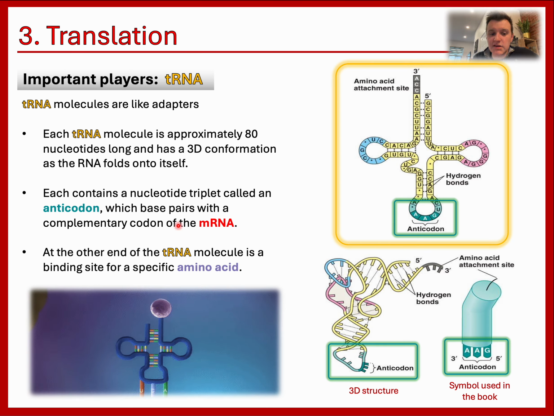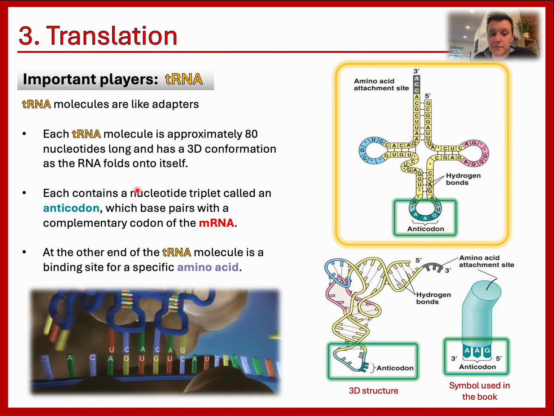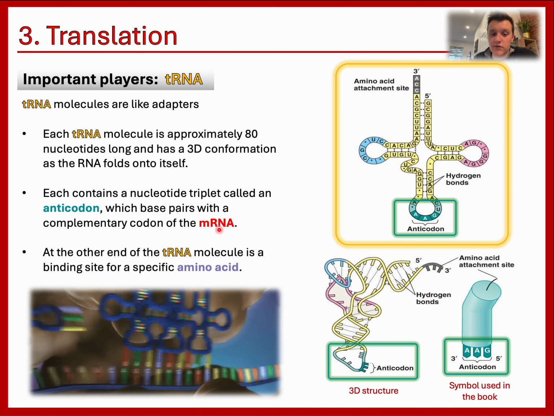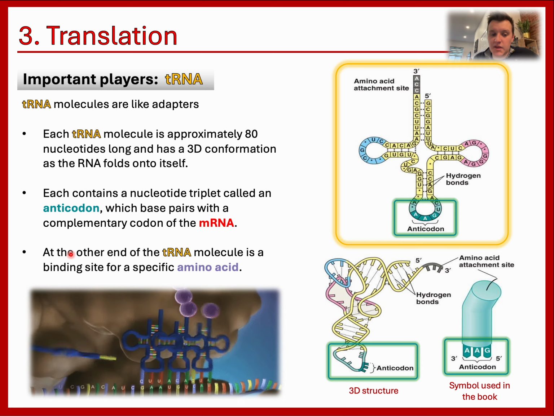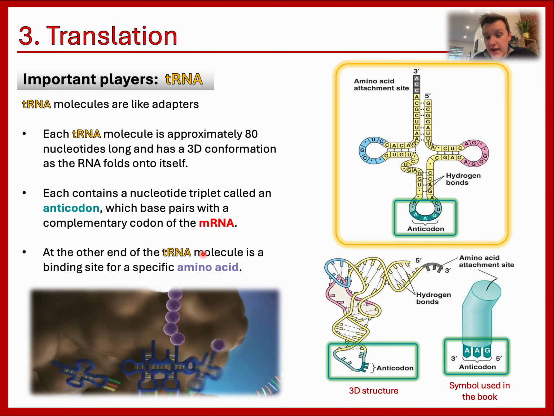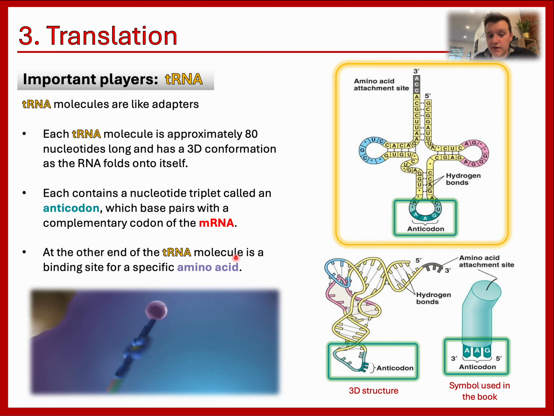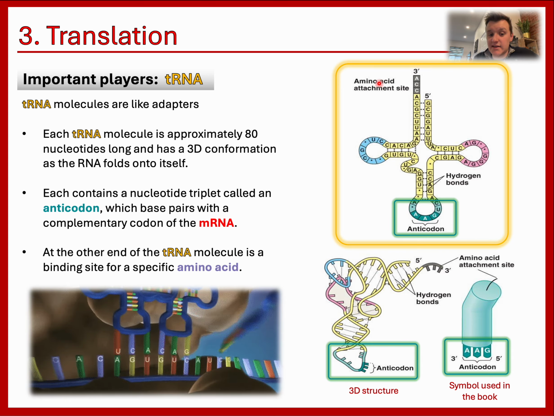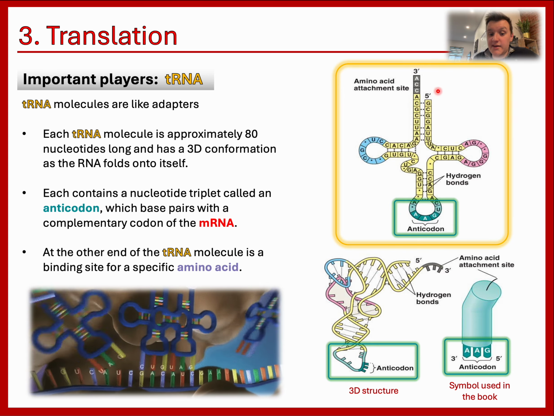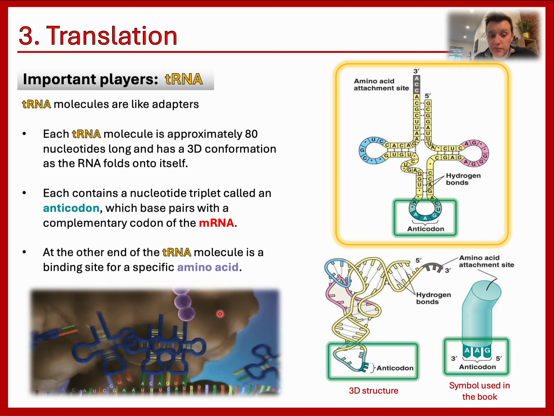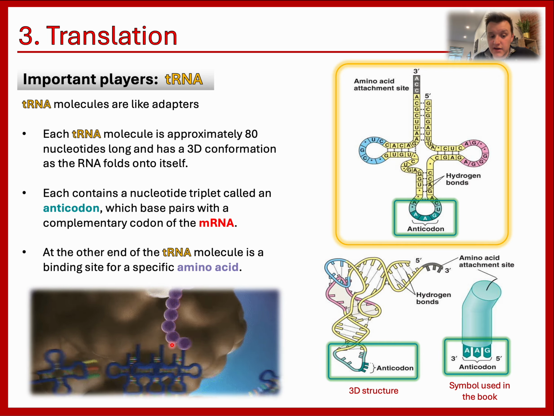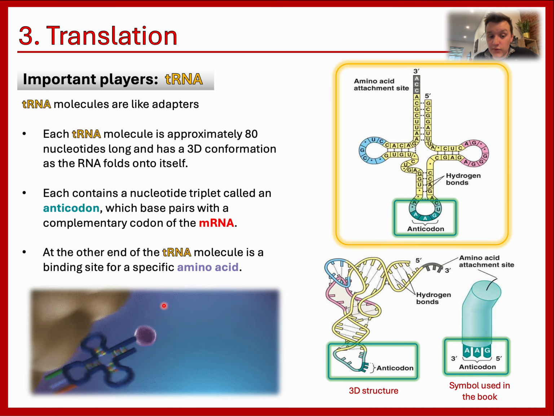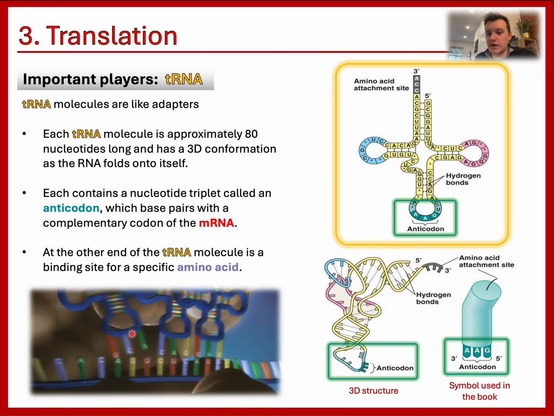So this anticodon is what base pairs with the complementary codon of the mRNA. At the other end of the tRNA is a specific binding site where an amino acid can be attached. Do you see these little purple things on each of the tRNA? Those are one amino acid.